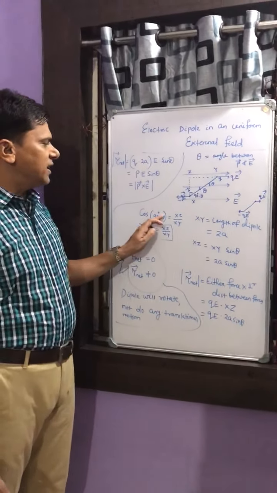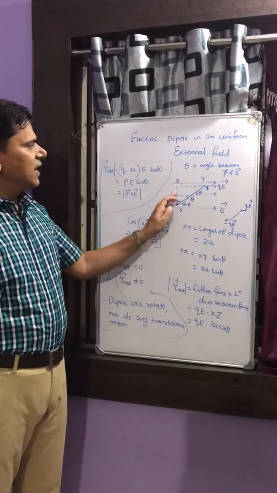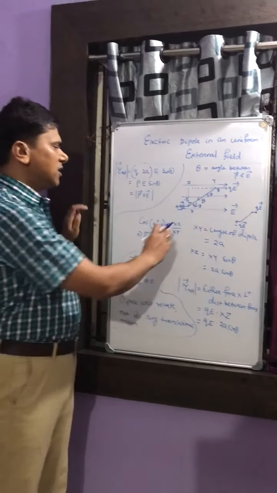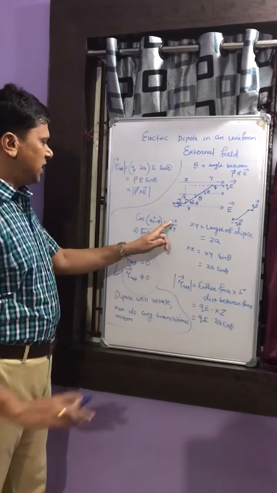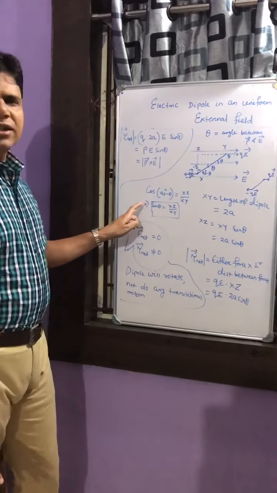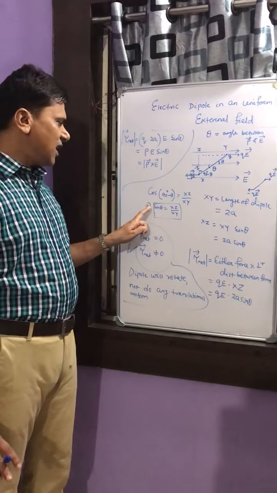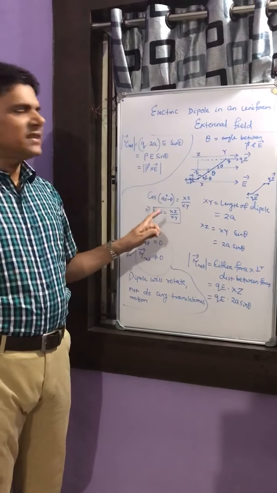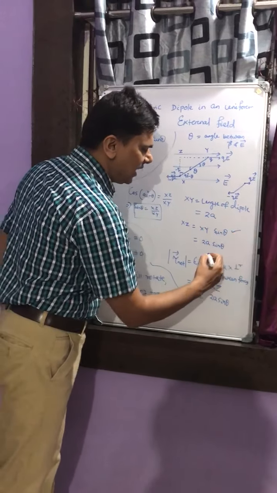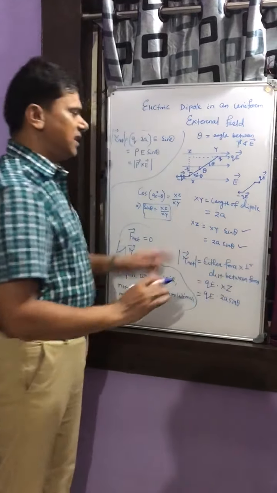Then cos(90 degree minus theta) is XZ by XY, because this is B by H. So XZ will be equal to XY cos(90 degree minus theta). Cos(90 degree minus theta) is sin theta. So we will get XZ equal to XY sin theta, which is equal to 2a sin theta, because XY is equal to 2a.